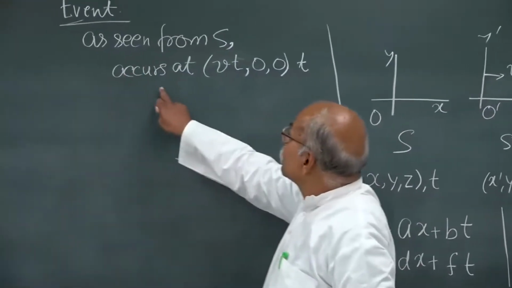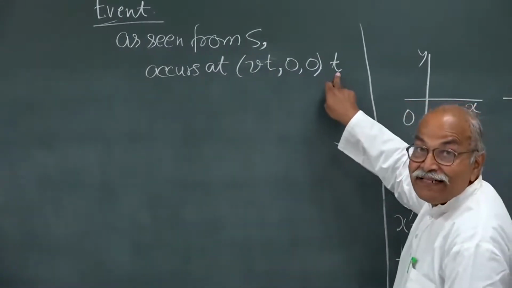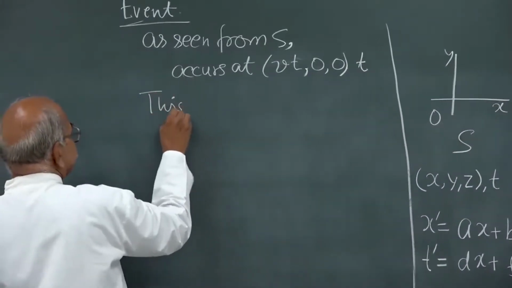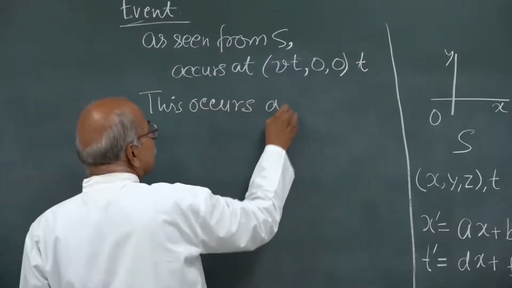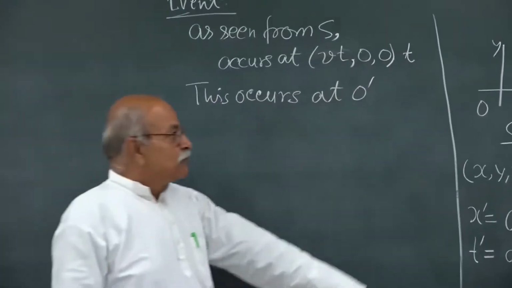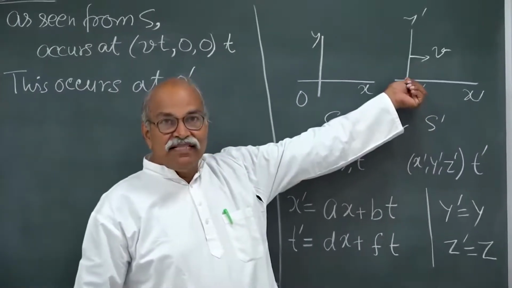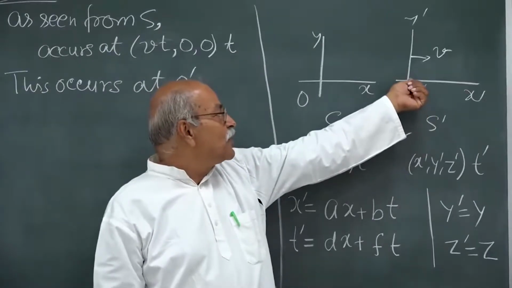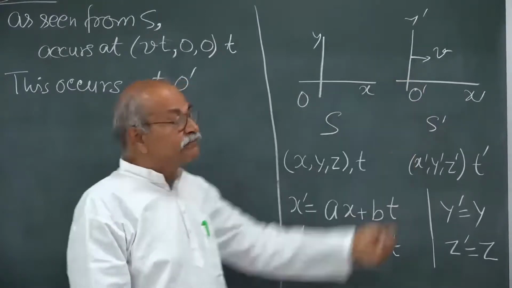So, if it occurs at (Vt, 0, 0) at time t, that means this occurred at O prime, and therefore from S prime frame, what is the coordinate of that event? Where did that event occur? That event occurred at x prime equal to 0, y prime equal to 0 and z prime equal to 0, at the origin O prime itself.